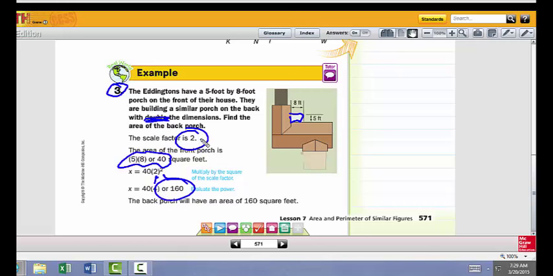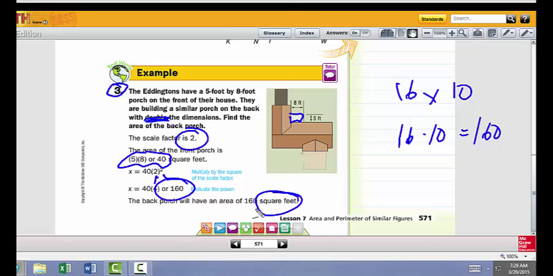Another way to look at this problem, in a way that a lot of people see this in a more clear manner, is if we were to double the size of that deck, instead of being an 8 by 5 deck, it would be a 16 by 10 deck, which makes really easy math, because the area then would be 16 times 10, which of course is 160, and we would have square feet for our unit, just like in this one.